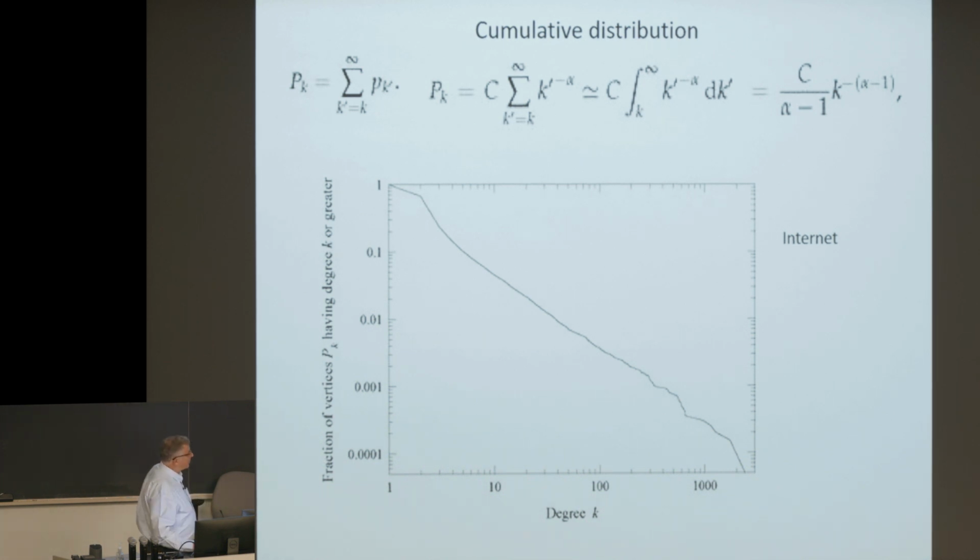And this also decreases as a power law, but with a different exponent. So here the exponent, instead of the original exponent alpha, becomes alpha minus 1. So the slope decreases by 1. But still, this graph is much smoother, because there is no noise for the large nodes, and it's monotonically decreasing. So sometimes it's much more useful to study cumulative distributions instead of just simple distributions.